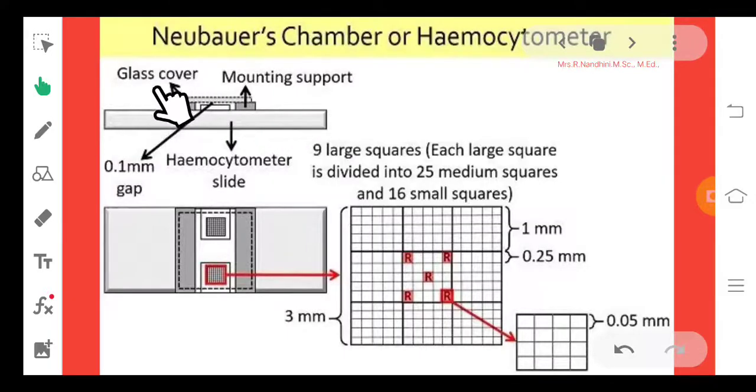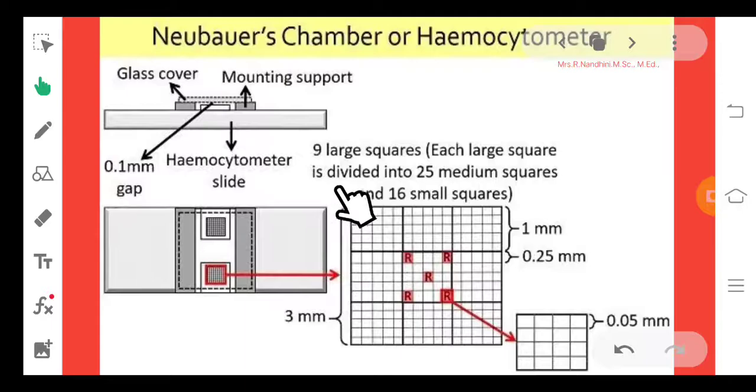So this is the part of the slide. Glass cover, mounting support, 0.1 millimeter gap, hemocytometer slide. These two parts are the main parts to count the RBCs. So there are 9 large squares.